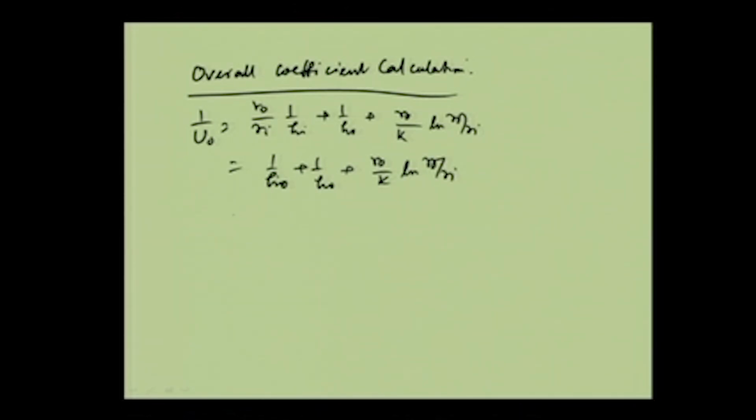Then if we put these values over here, we will be getting 6.643 into 10 to the power minus 4, and from there UO is equal to 1505 watt per meter square per Kelvin.